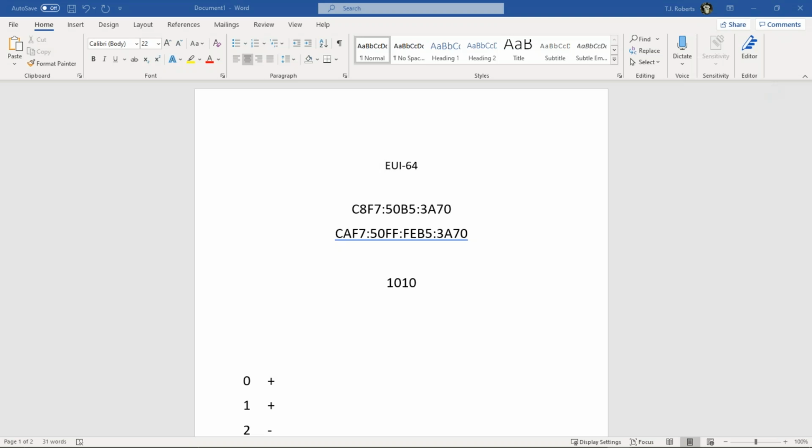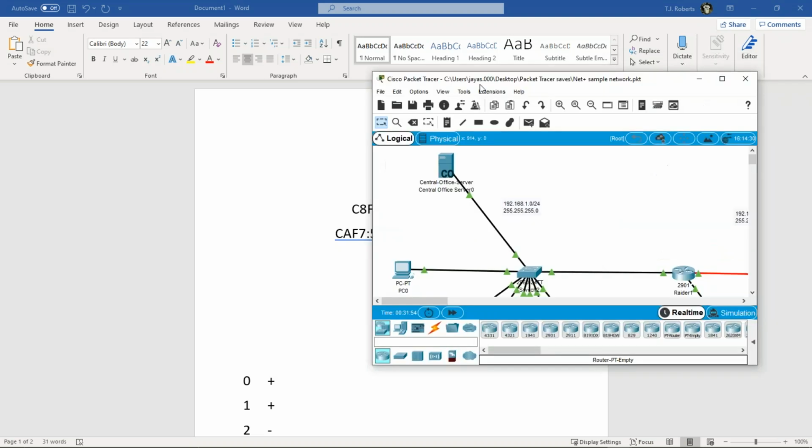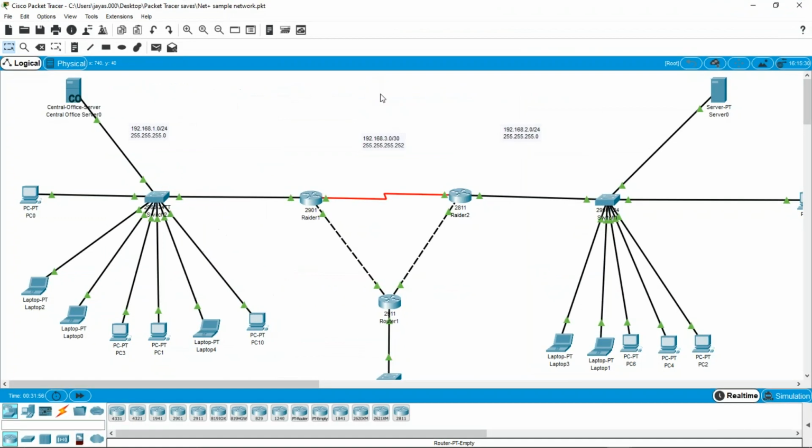Okay, yeah, it should still be broken. All right, so there's a device in each subnet that shouldn't be able to work.